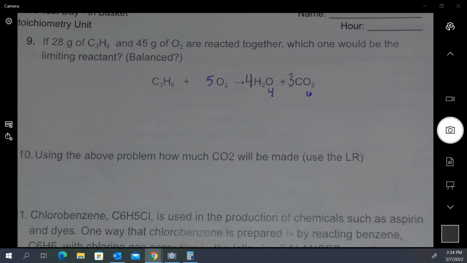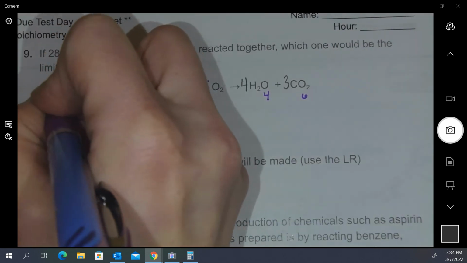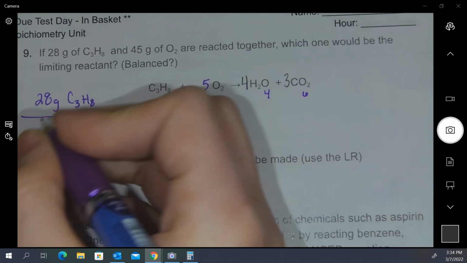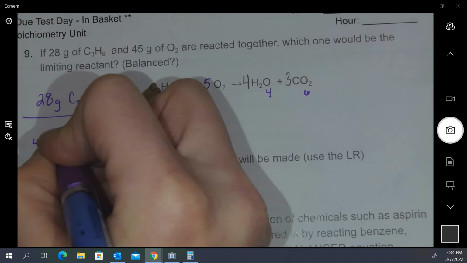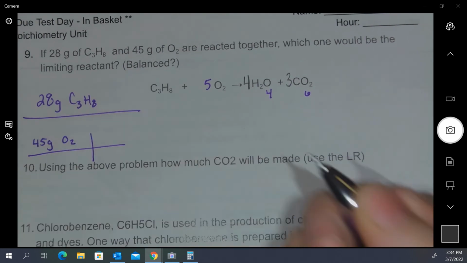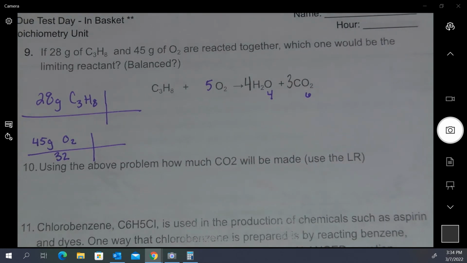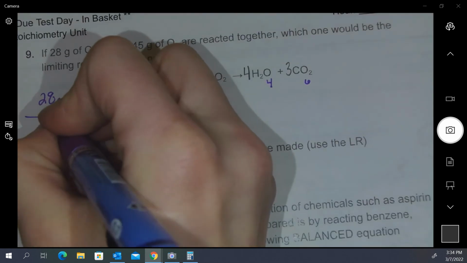That's all. Okay, so we're going to take our 28 grams of C3H8 and 45 grams of O2. Molar mass of C3H8: 44.01, or 44.1 is what this is.